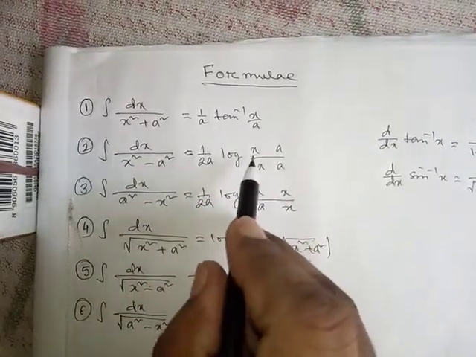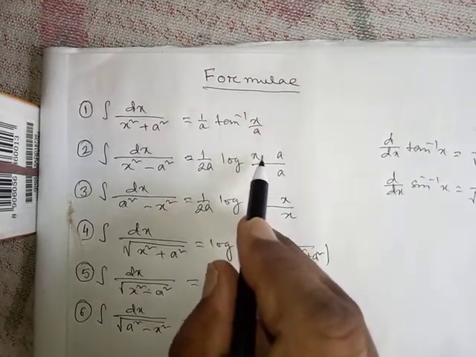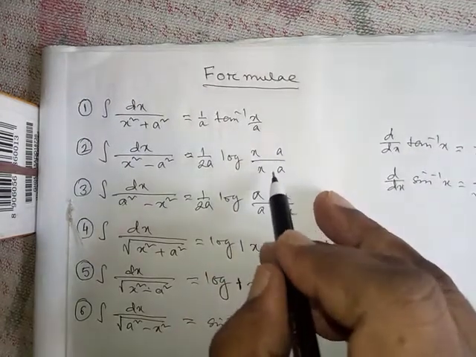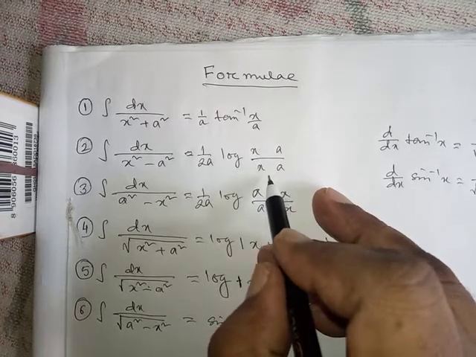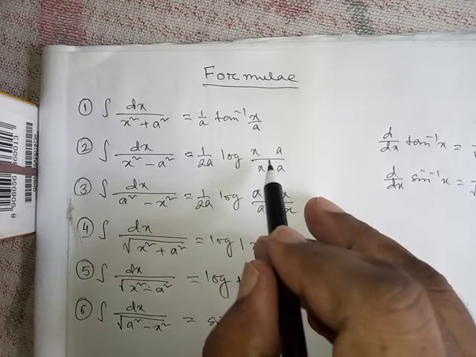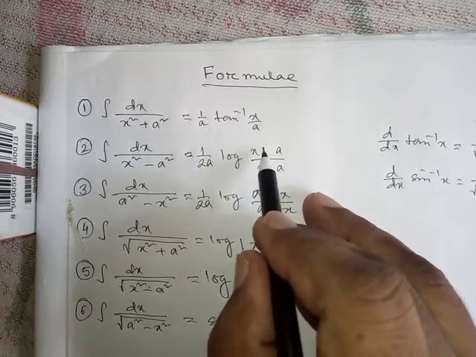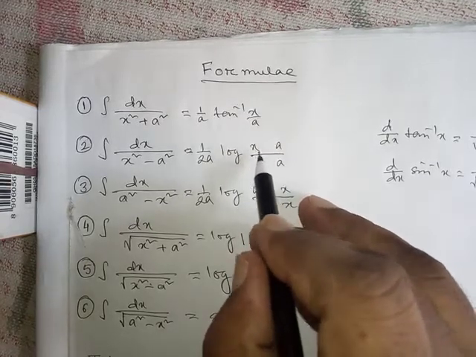Now tell me, what is main, up or down? Up is main because God resides in the heaven, and Satan, the devil, resides down. So x is main, and up is up, so x of the numerator is main, so it won't be negative.